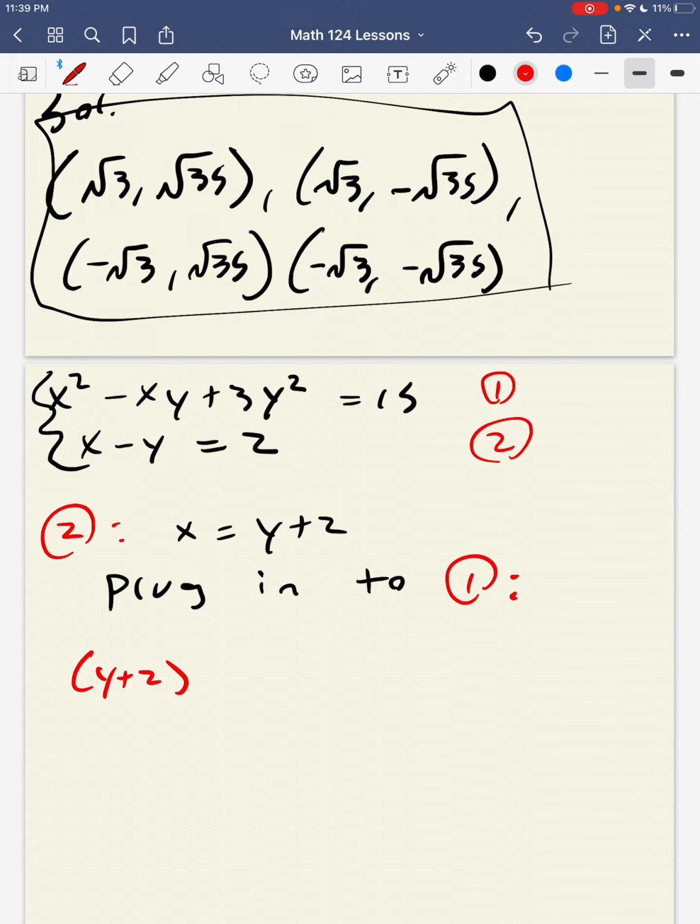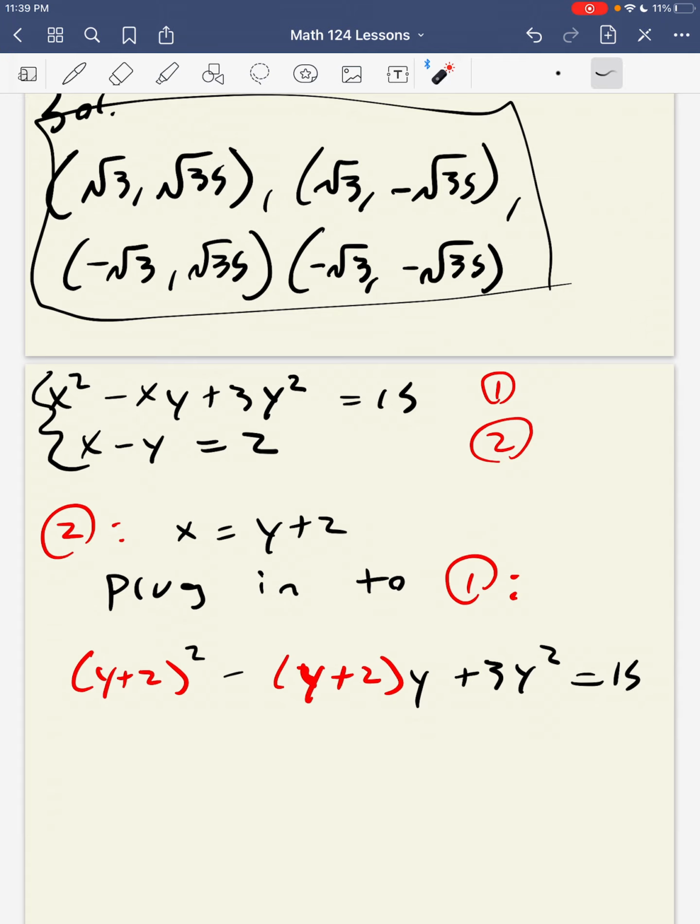y plus 2 squared minus y plus 2 times y plus 3y squared equals 15. Oh, I don't know why I wrote that, sorry. Right, so instead of x in equation 1, I was just substituting in the y plus 2.